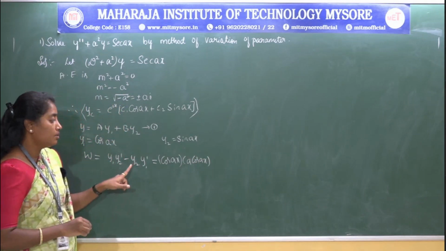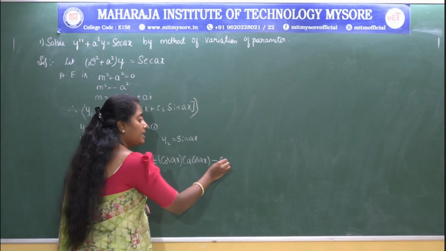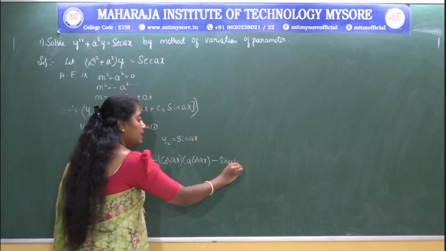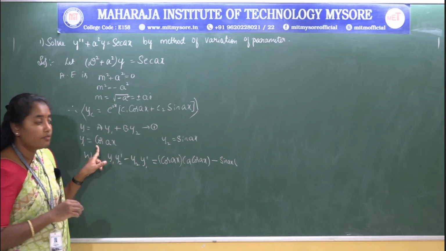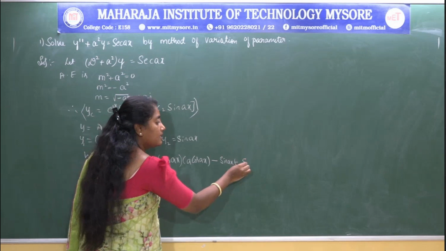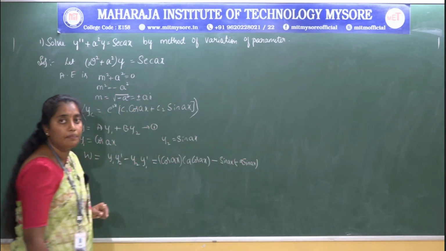So cos ax into a, minus y2, whose value is sin ax, into y1 dash, which is the differentiation of y1. Differentiation of cos is minus sin ax into the differentiation of ax, which is a.